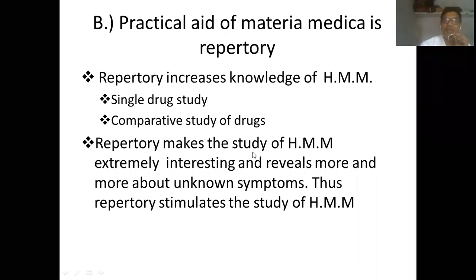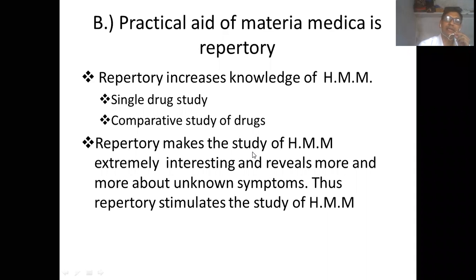Why does it happen? Because when you are reading Calcarea carb from homeopathic materia medica, you will just read Calcarea carb and Calcarea carb, but the difference between Calcarea carb and Lycopodium will be missing. You will just read Natrum mur and Natrum mur, but the actual difference, which has evolved only through the study of materia medica through repertory, you will come to know only after studying materia medica from the perspective of repertory.